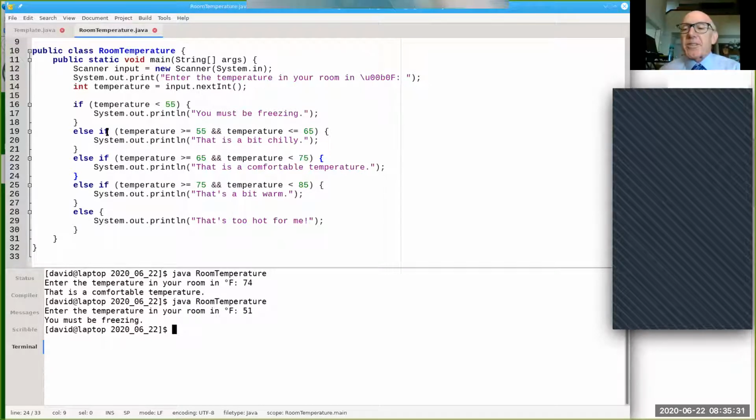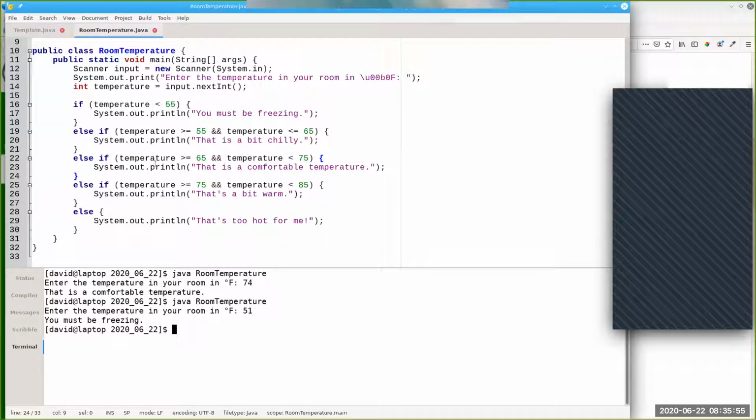Okay, let's try this. If somebody wants to activate their microphone, I'll ask them a question. Question, in your room, is it less than 55 degrees? So somebody turn on their microphone and answer. No. Okay, good.